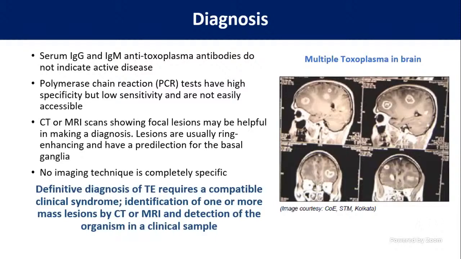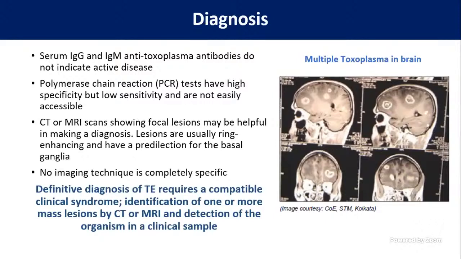It is very important to remember that both serum IgG and IgM antibodies do not indicate active disease. So you really cannot decide whether to treat or not to treat on the basis of the antibody test. PCRs can pick up the toxoplasma nucleic acid, but they are very low sensitivity, and of course they are not available at most places.